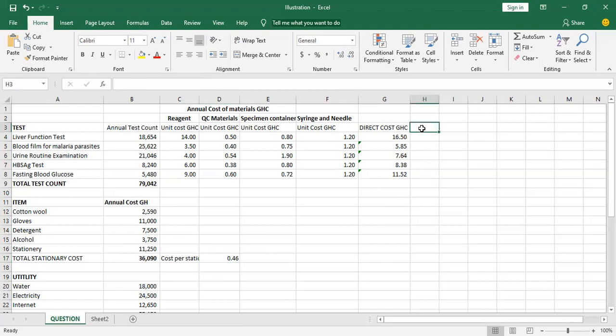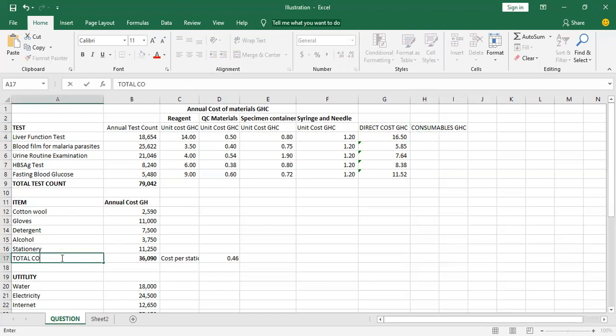So we come here and say consumables in Ghana cedis. Total consumables.